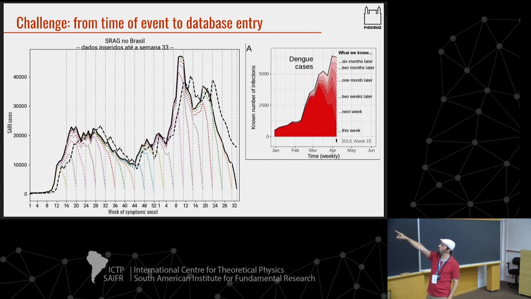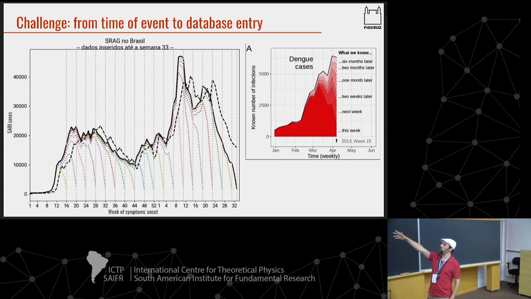So the last point in any of those colored dotted lines is the last week of database insertion. It's a snapshot of the same database at different points in time. And you can see that what we had was completely different to what was going on, just by comparing the colored dotted lines with the solid black line.